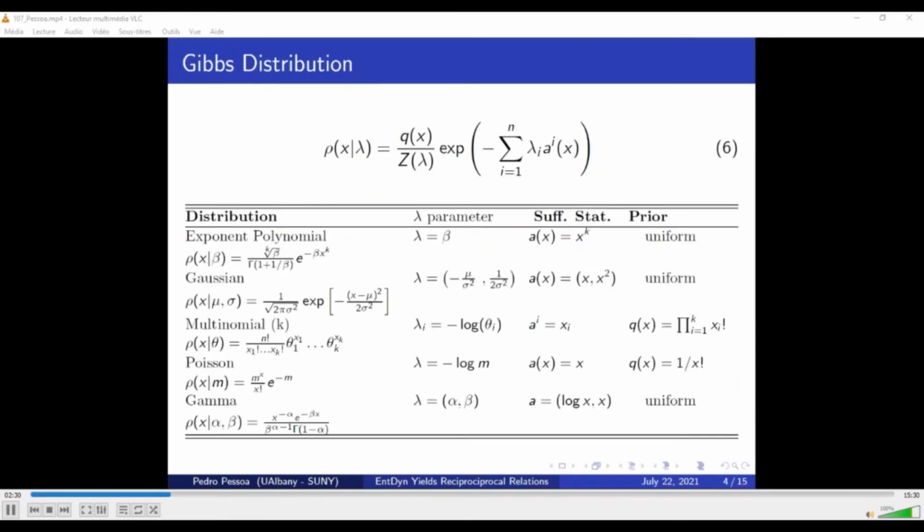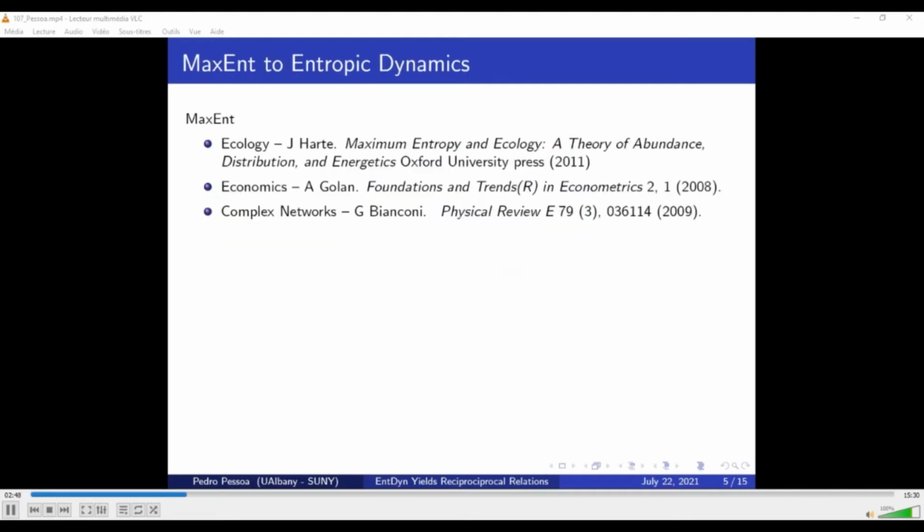mechanics. Now, I would like to comment on how we can identify many well-studied probability distributions as a particular case of the exponential family, as we have in this table here. Even though MaxEnt was developed as a way to understand statistical physics as a theory of information from Jaynes, it's of general applicability, and it has been used beyond physics.